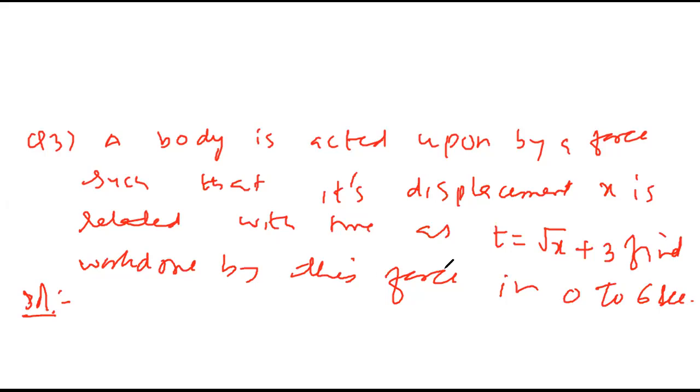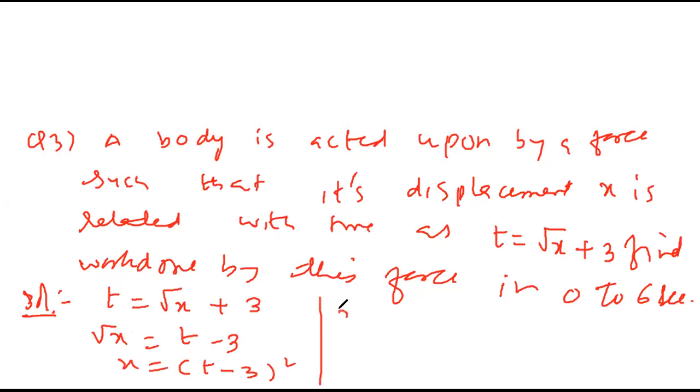Now see, this is not in proper simplified form. I am simplifying it. Root x plus 3, so root x will become t minus 3. When I square it, x will become t square minus 6t plus 9.